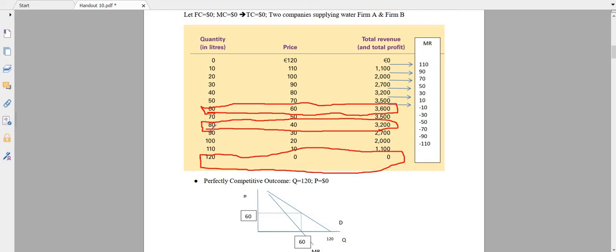So from a consumer point of view, perfect competition is the best, the second best is going to be oligopoly, and the least liked from the consumer's perspective would be monopoly or oligopoly when it acts as a cartel. So this example basically illustrates how pricing and output decisions are made in an oligopoly.